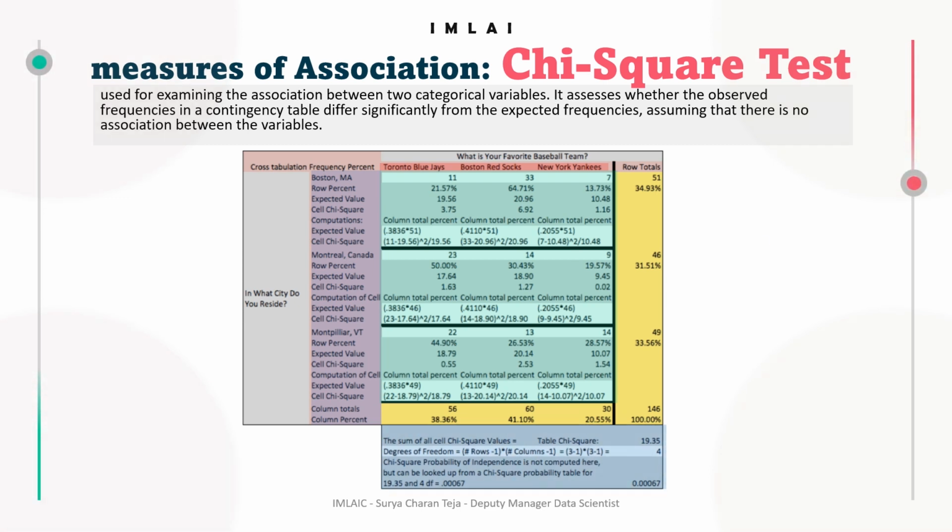Now the most obvious is in the chi-square value computed for each cell. We observe that the cells Boston Red Sox, Blue Jays and Montreal, and Red Sox and Montpelier, Vermont were the three cells where the number of observed respondents was greater than expected. We further note that when we examine expected and observed frequencies, the Yankees and Montreal, Red Sox and Montpelier, Vermont, and Red Sox and Montreal frequencies were fewer than expected. Because the cell chi-square and the expected values are often not displayed, the same relationship can be observed by comparing the column total percentage to the cell percentage of the row total.